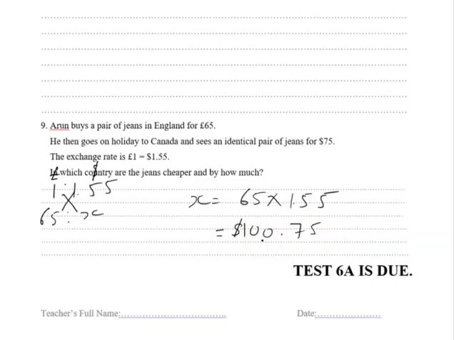Now the question is also saying, in which country are the jeans cheaper and by how much? They are clearly cheaper in Canada, and by how much we can work out by finding the difference between the two amounts. So we're going to do 100.75 minus 75, and that gives us 25.75 dollars.